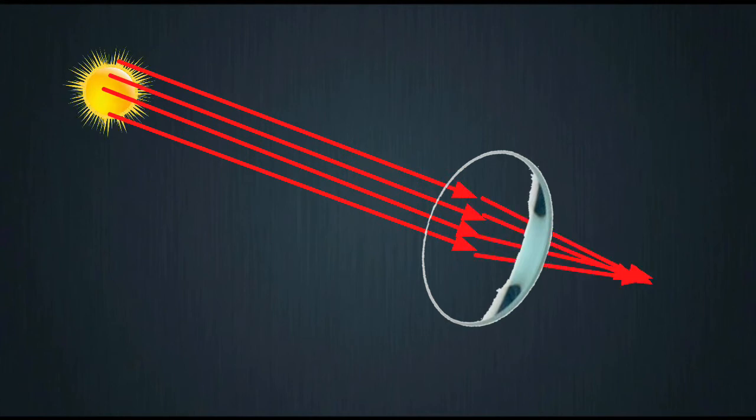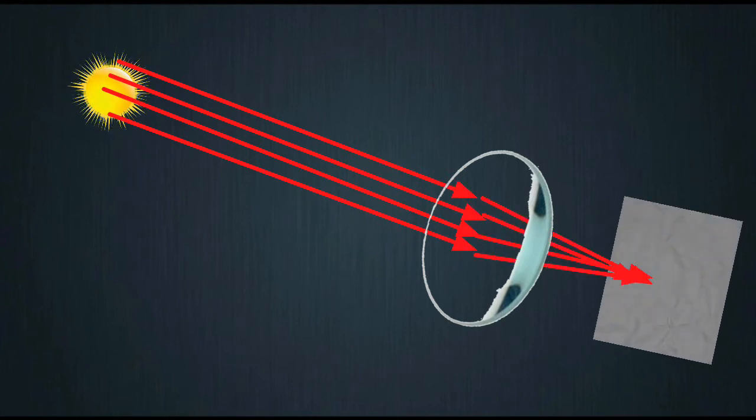If we bring a paper and try to find that point, you will get a bright point. As sunlight contains not only light but also heat, all the light and heat will meet at a point, so the temperature at that point is very high.